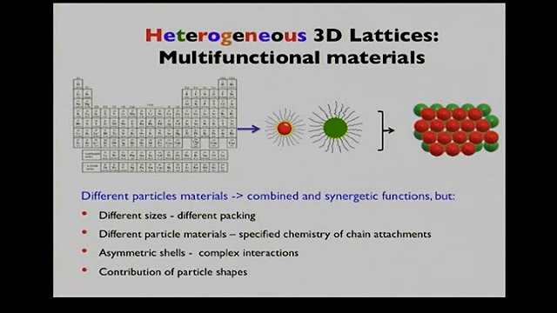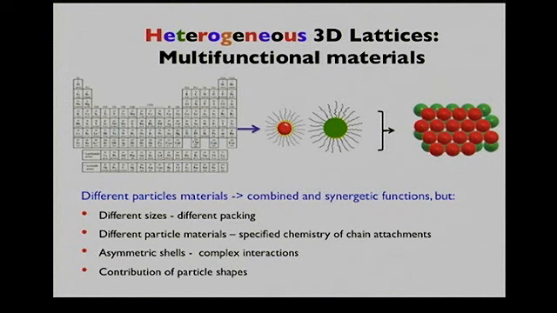Why it's interesting: if we can bring different types of particles, we are not only making heterogeneous structures, we can make materials which are truly multifunctional because those particles can carry different types of functionality. While it's so appealing, the difficulty is that different sizes of particles can affect packing. There is different chemistry of attachment which needs to be realized for those types of particles. There are different shapes, and all this becomes a bit of a complication which is necessary to overcome.